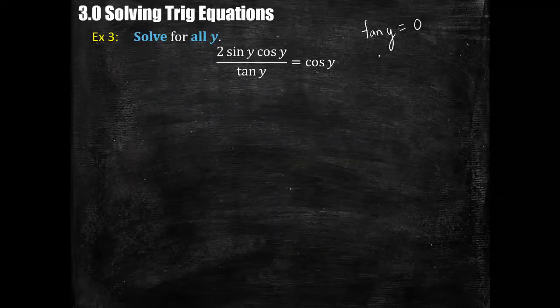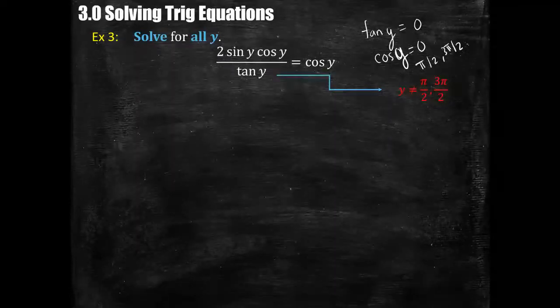Well, tangent of y is going to be undefined when cosine is 0. Well, where's cosine 0? Cosine is going to be 0 at pi over 2 and 3 pi over 2. So right away, we know that those are getting kicked out of our domain. Y cannot equal pi over 2 or 3 pi over 2. So if we get those as our result, those are not actually solutions.